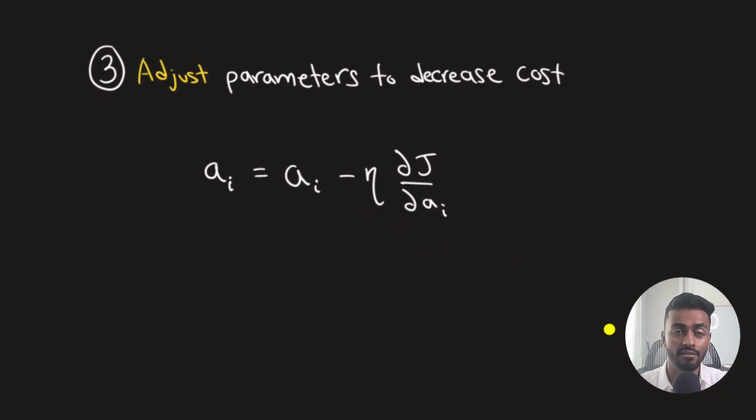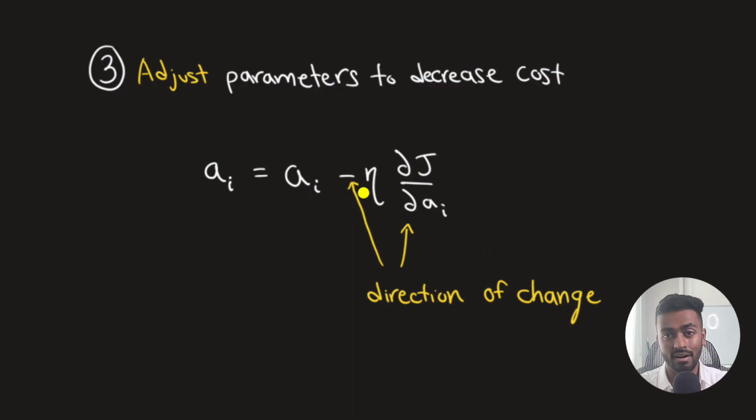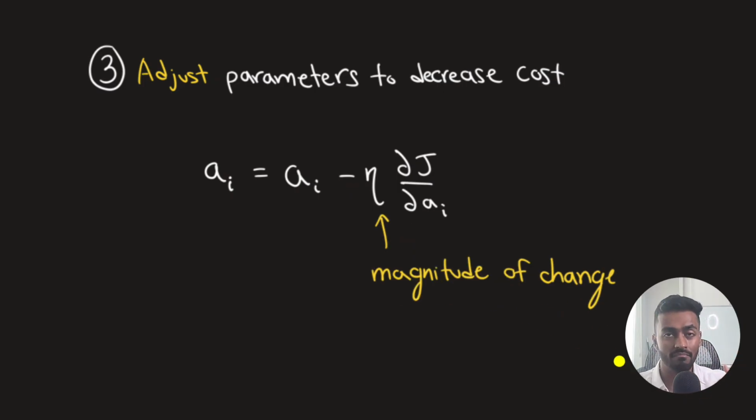And then what we're going to do is use this very magical looking equation to decrease the cost, where we nudge each parameter by eta times the gradient of the cost with respect to that parameter. Here, the negative gradient represents the direction in which you want to change the parameter, and eta represents the magnitude of what you want to change the parameter.